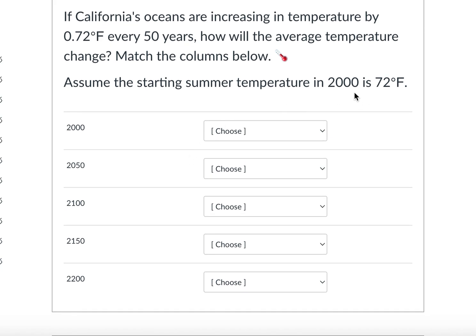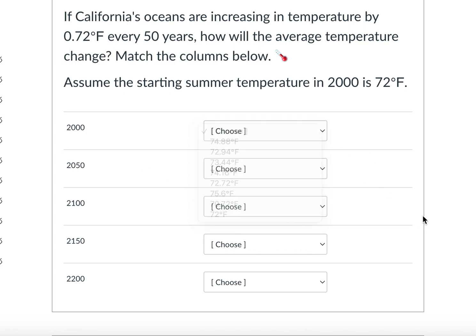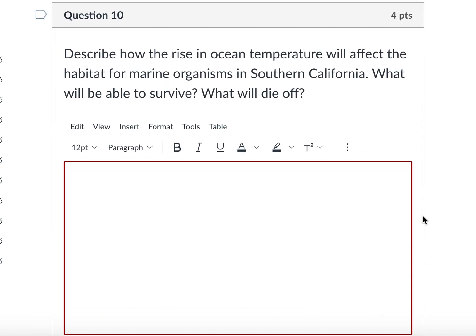So assume the starting temperature in 2000 is 72. So here's 2000, so the starting temperature should be 72. And if it's going to go up by 0.72, you're going to do 72 plus 0.72. And that will be your 2050 temperature. So that's how you will do the next ones.